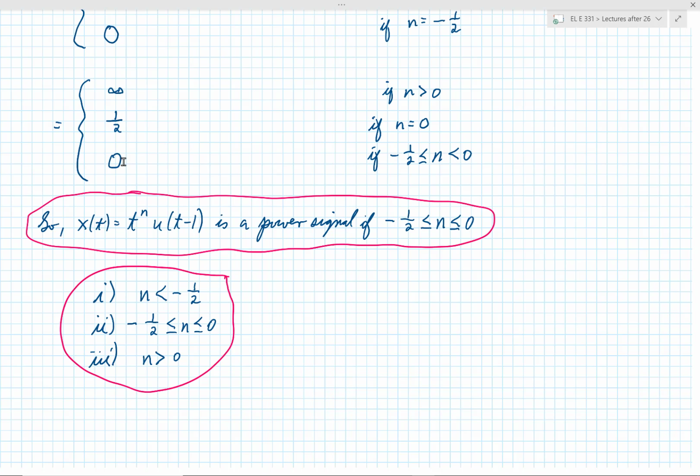And that's because as we go to infinity, the total amount of energy is increasing, but it is increasing more slowly than t is, and so therefore the average energy is 0 in those cases. But in the middle case here, when n is equal to 0, the average power is 1/2. So this is sort of an interesting case. But anyway, those are the answers to this problem.